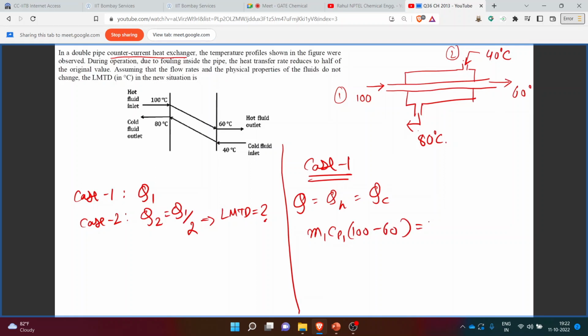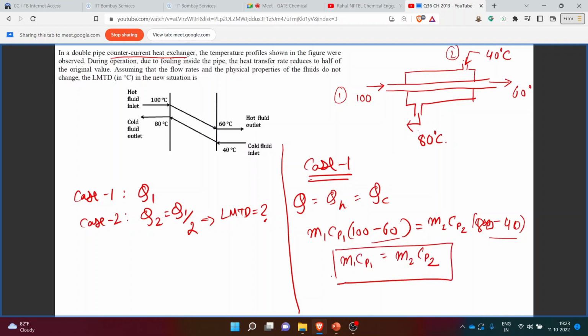For the cold fluid, denoted by 2, it becomes M2 Cp2 times, for the cold fluid, 80 minus 40. This difference is also 40, and this difference over here is also 40, so we have M1 Cp1 is equal to M2 Cp2. So we have this correlation.